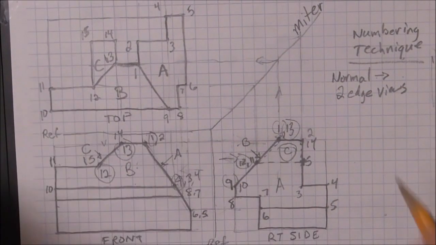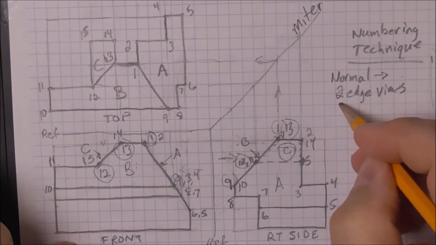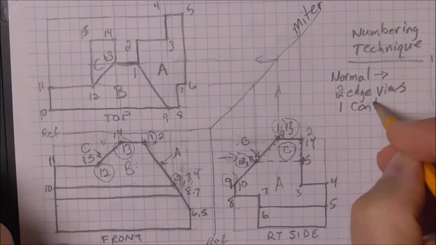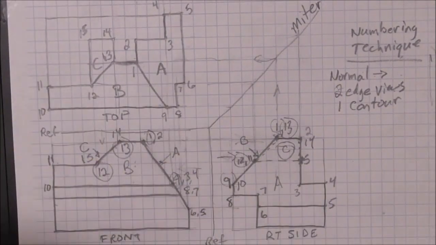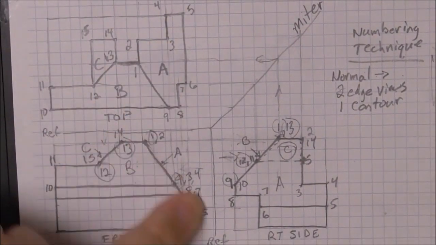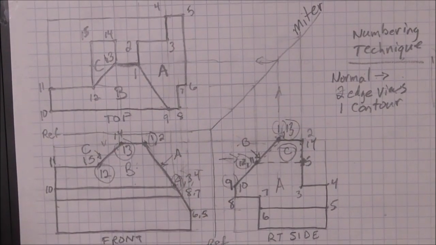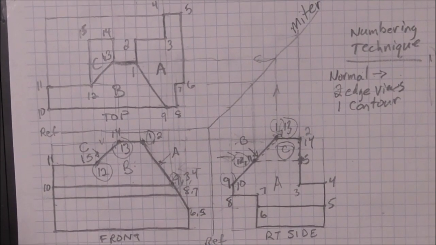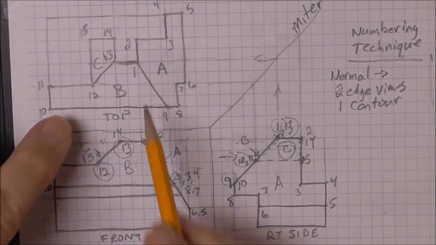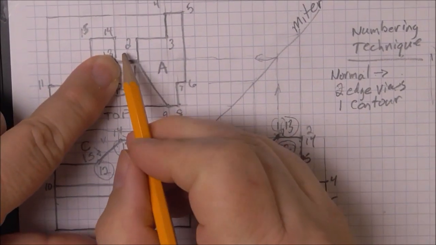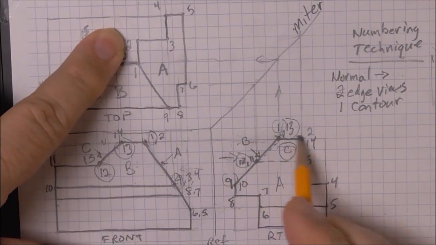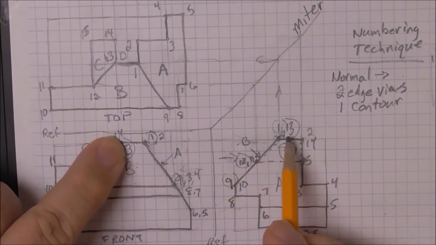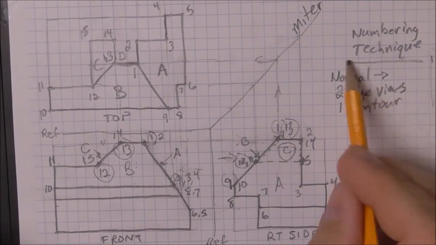In a three-view set, a normal plane gives you two edge views and one contour view. For each inclined plane, A, contour, edge view, edge view. Oh, so that's an inclined plane. Here's a normal plane. If we call it D up here on top, the very top, it's got edge view, contour. So there's a normal plane.